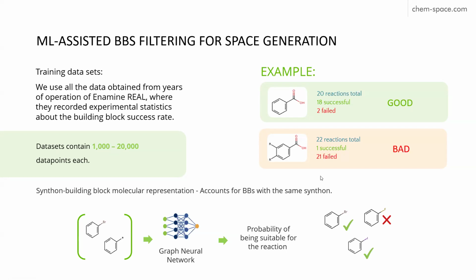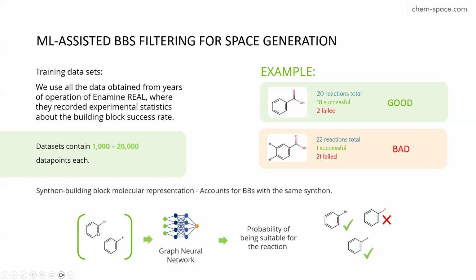What is also an interesting detail, which we would like to draw your attention to, is that we used 2 representations of the building blocks as an input for our graph neural network. First of all, we generated synthons, so we replaced the reaction handle with a kind of dummy atom. But we also used a second representation, which corresponds to the full structure of the building blocks.